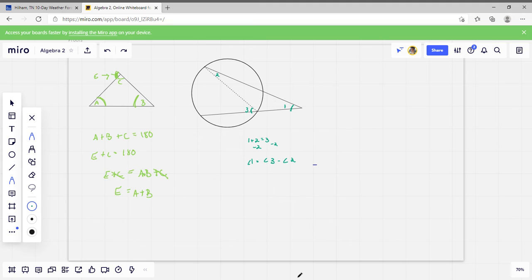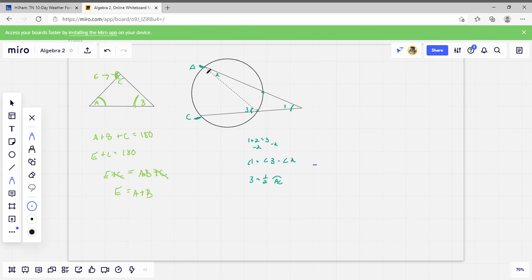We also know that angle 3 is going to be equal to 1/2 of this arc. So 3 equals 1/2 of, we'll call our arc AC. The measure of angle 2, right there, would be half of this arc.